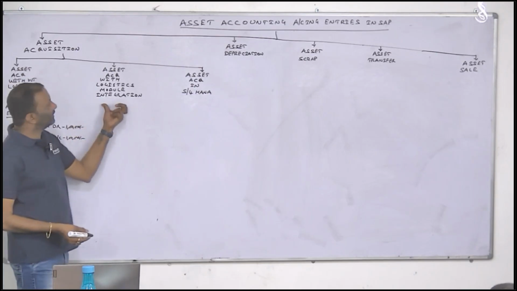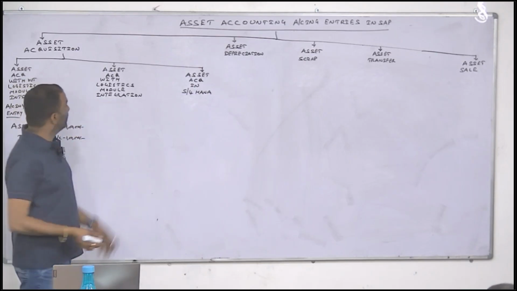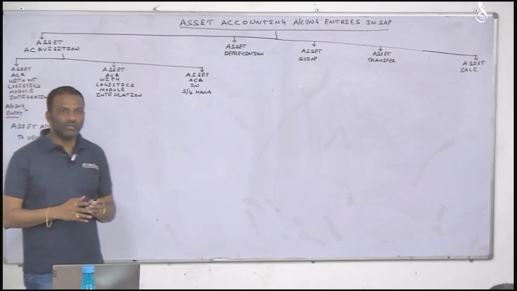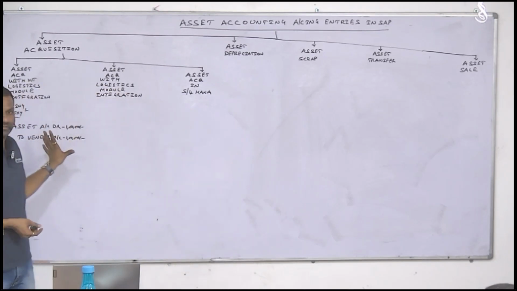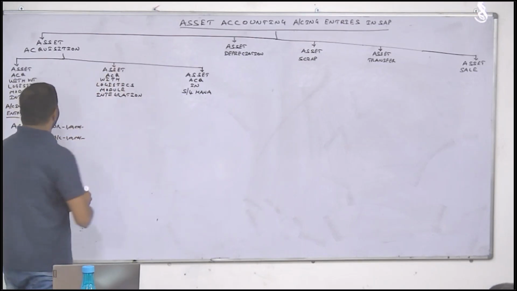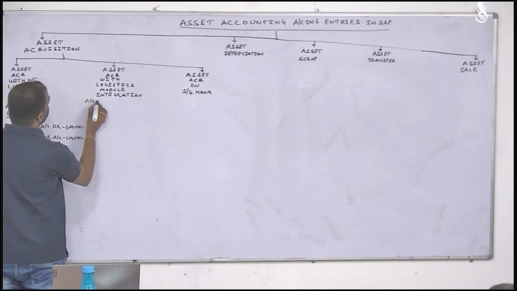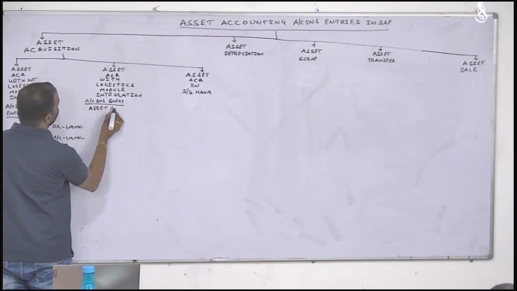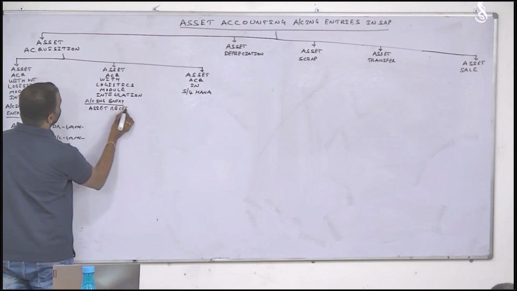Now what is the second one? Asset acquisition with logistics module integration. You are purchasing an asset, but you are not directly posting in finance. It is coming from the MM module. Then what is the accounting entry? Here, like goods received, we call it asset received.